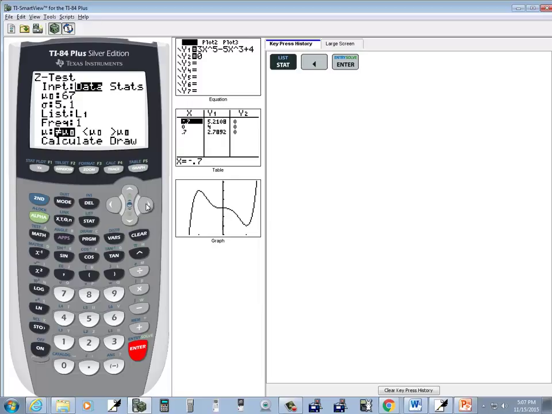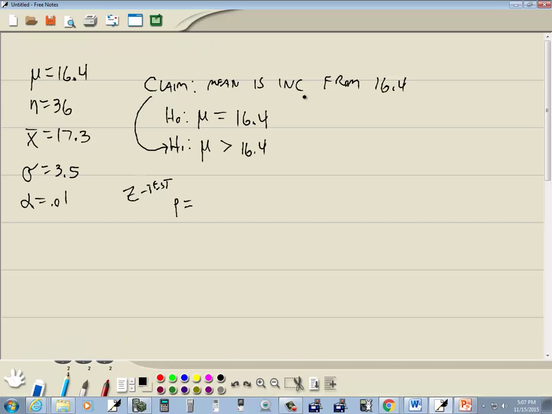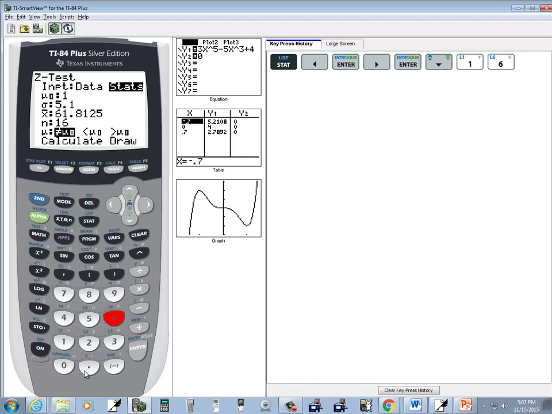Now we're given summary statistics. We don't got raw data, so I'm going to right arrow over, put my flashing cursor on stats, and press enter. Then a down arrow. Mu naught will be the number off of our claim, H naught or H1, which is 16.4. Sigma was 3.5.